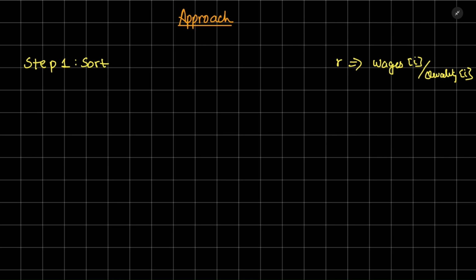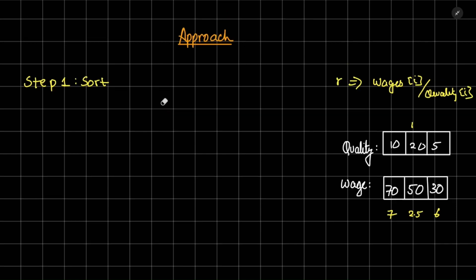So let's take the input first. So first we will make the vector. So the vector would be 10, 70, that's quality, wage. And then it would be 20, 50, and then 5, 30.